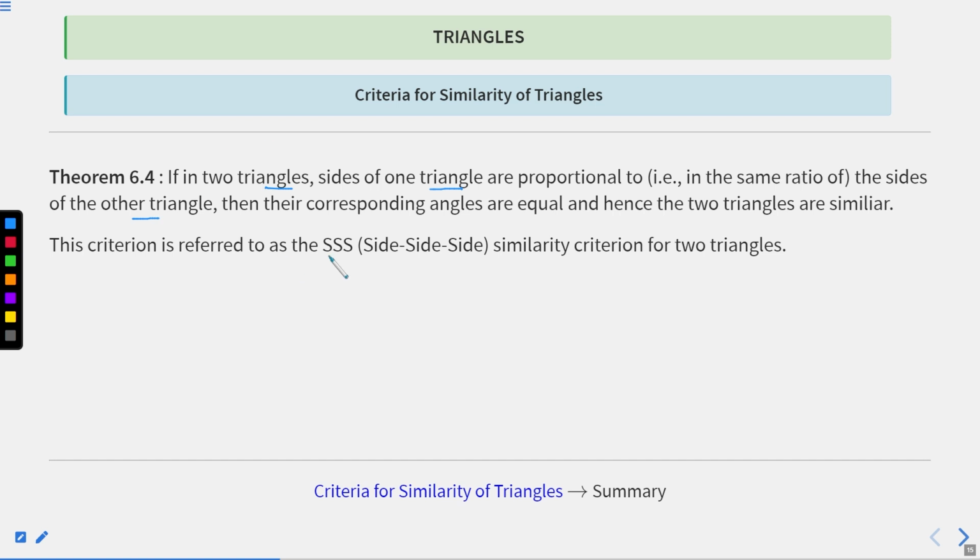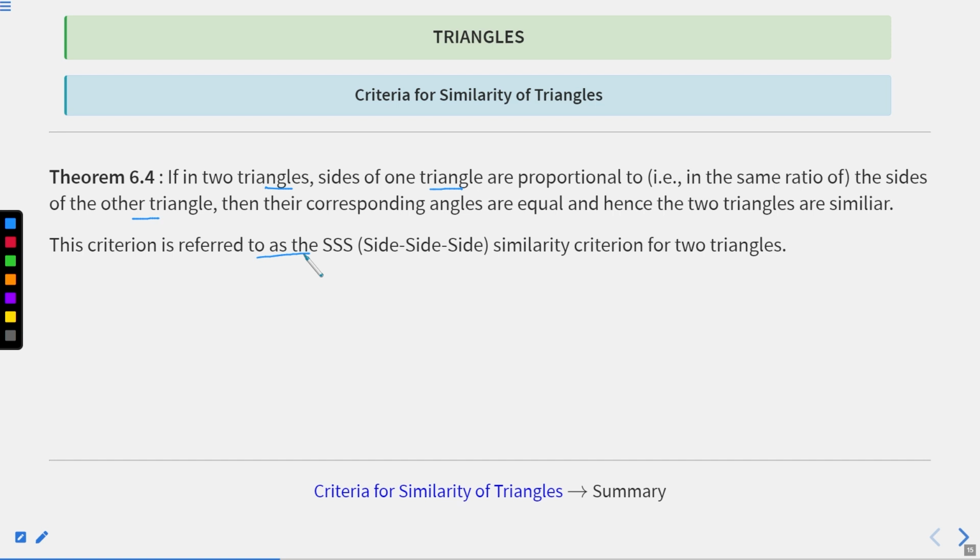Okay, so from this theorem it implies that the two triangles are similar triangles, and this criterion is referred to as the side similarity criterion for two triangles. Okay, so this is similar to the congruency of two triangles.